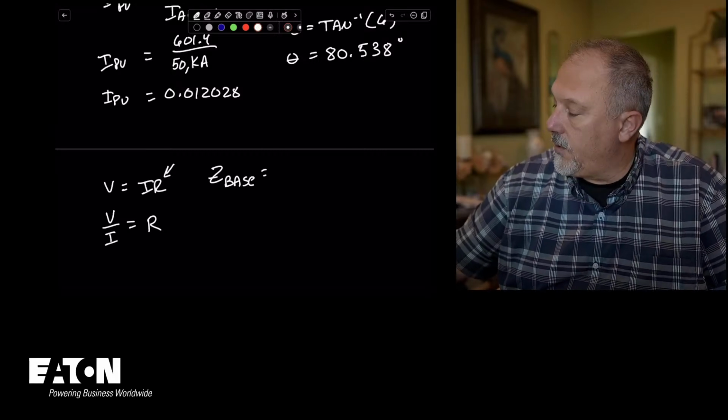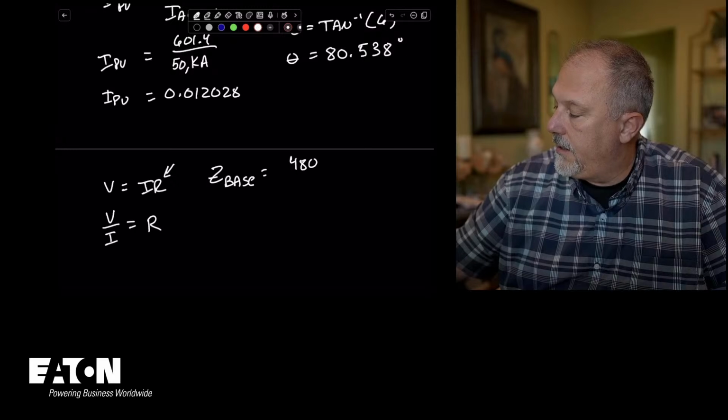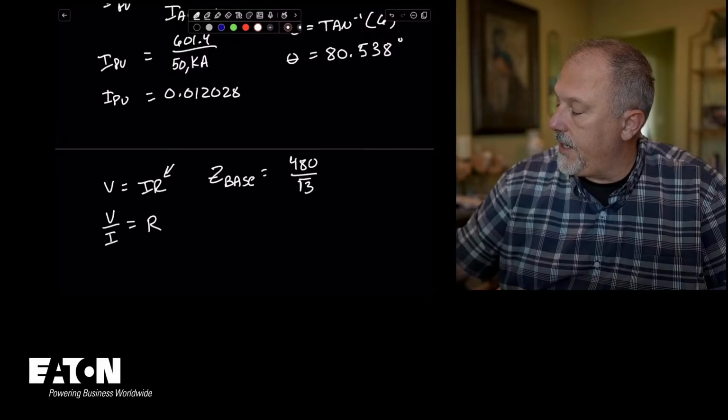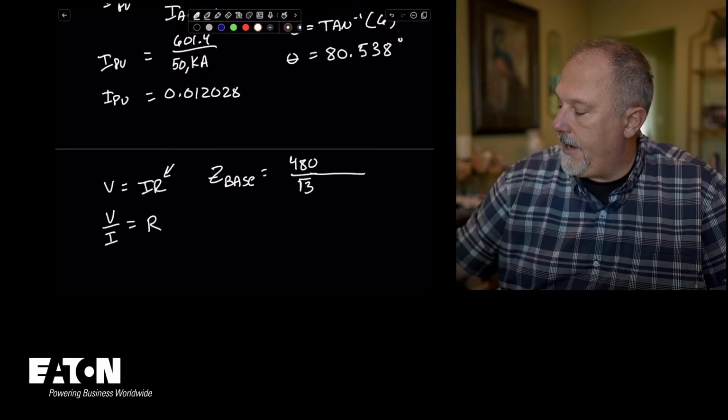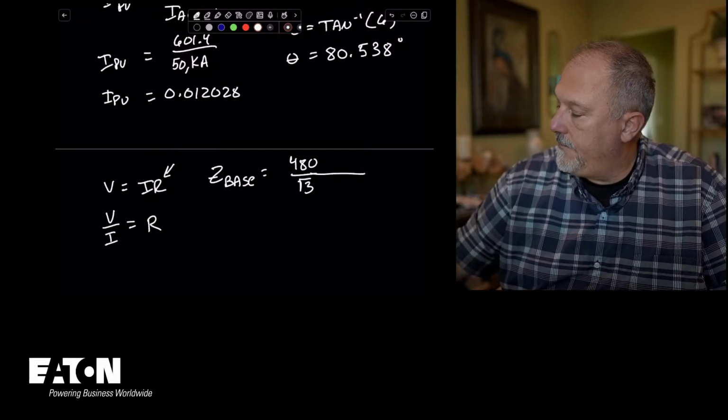My voltage is 480. 480 divided by the square root of 3 gives me my single phase voltage. And then I need to divide that by 0.012028.